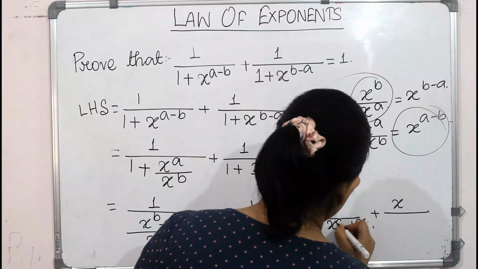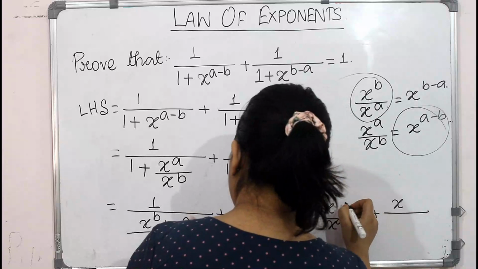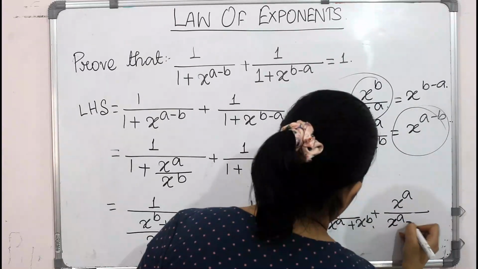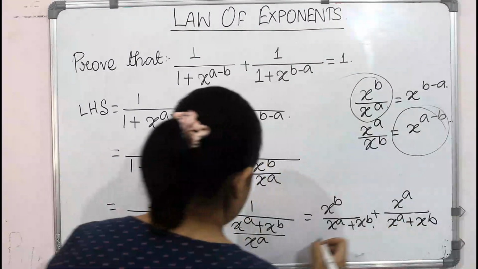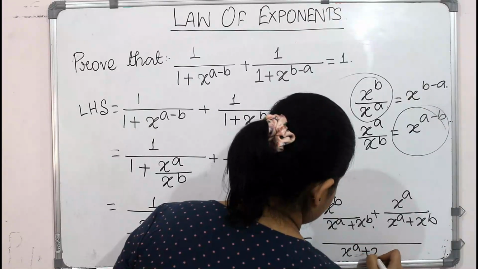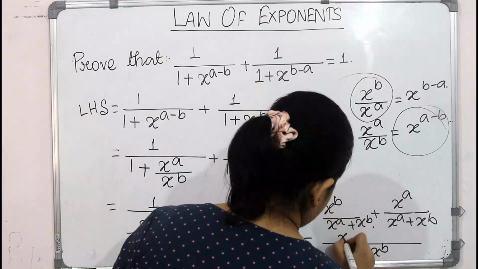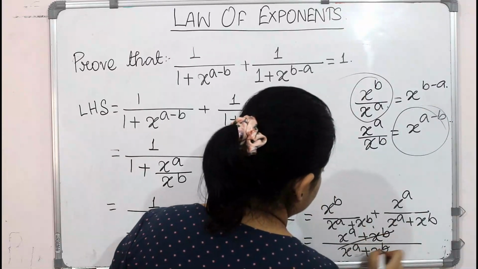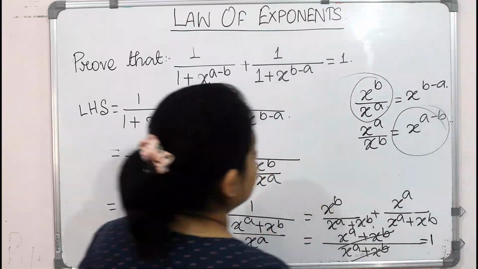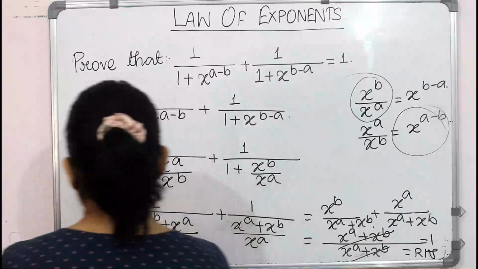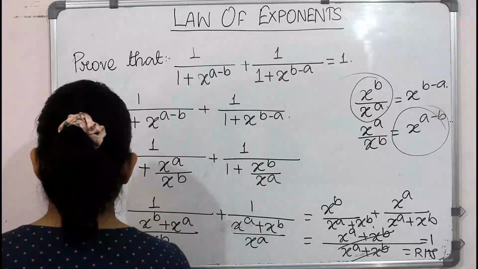Sorry, this will be x to the power of a, x to the power of b. This is x to the power of b, x to the power of a plus x to the power of b. So take this as LCM. So this gets cancelled. So ultimately it is equal to 1, that is equal to RHS. So hence proved.